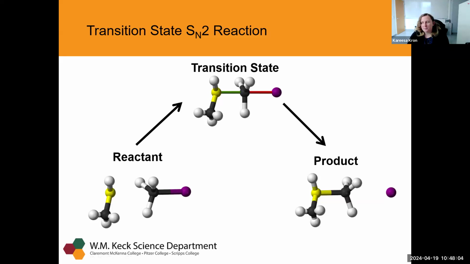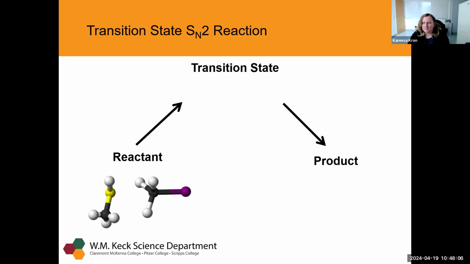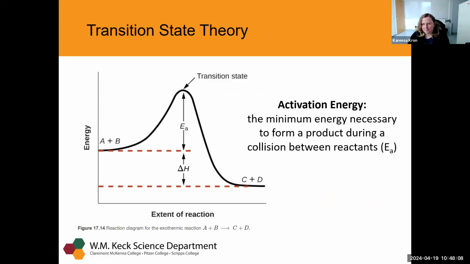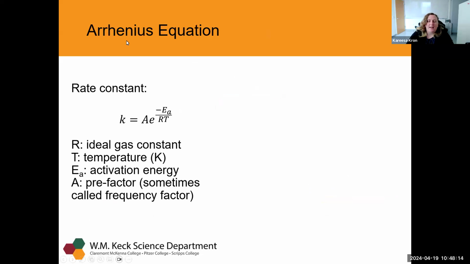And so we can use this activation energy in this previous plot to help us calculate interesting physical constants. And so the Arrhenius equation allows us to calculate the rate constant as a function of activation energy. So the rate constant that we've been using so far tells us sort of how quickly reactions happen in addition to sort of how much concentration we have.